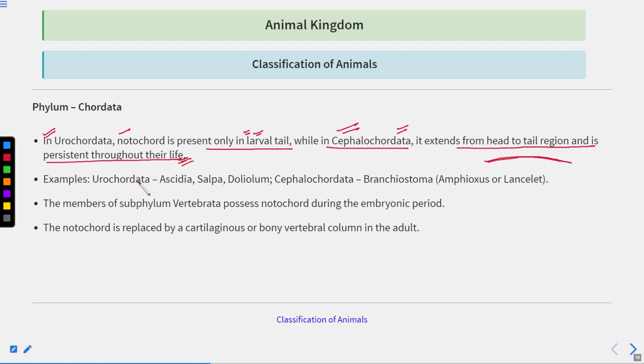Examples of Urochordata: Ascidia, Salpa, Doliolum. And for Cephalochordata, Branchiostoma, that is the Amphioxus or the lancelet, is an example.